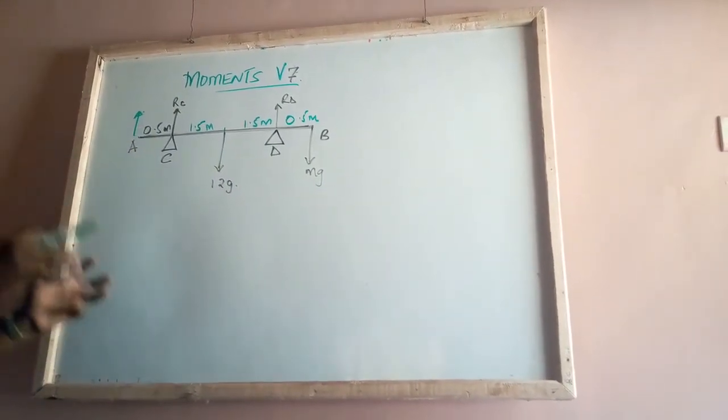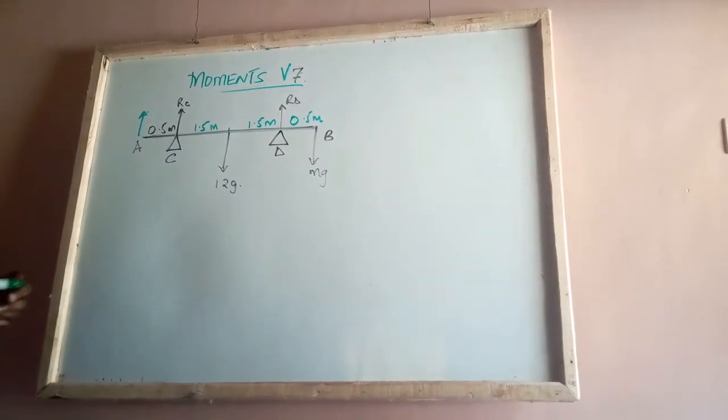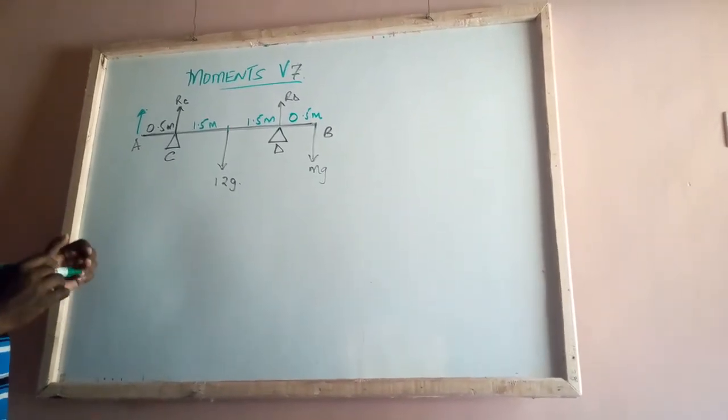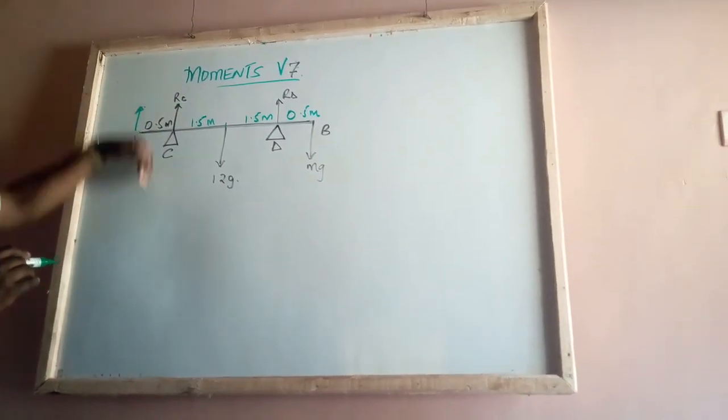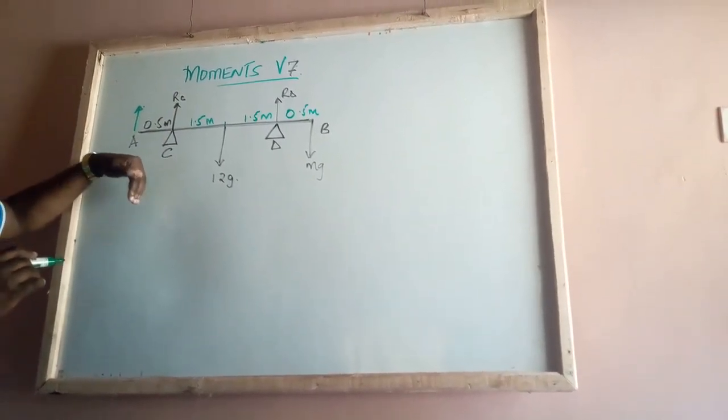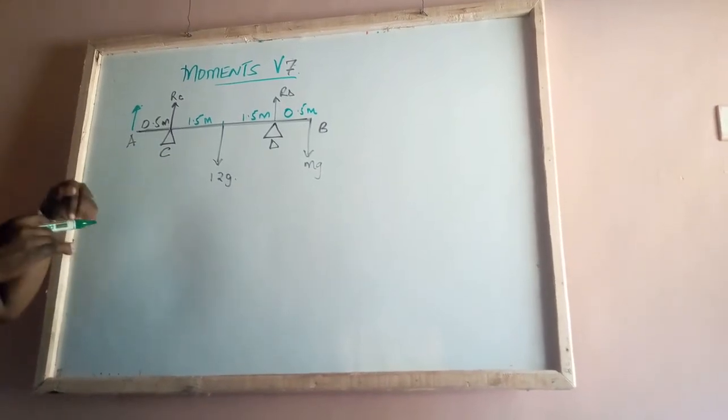It is just about to turn, meaning that the rod does not exert any force on point C.